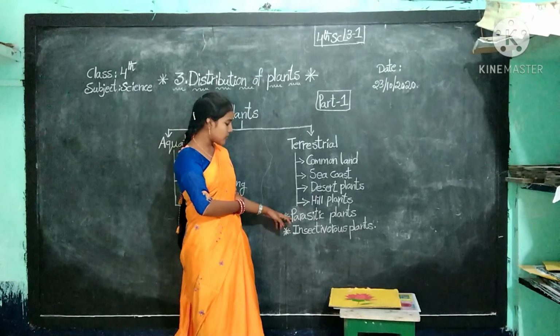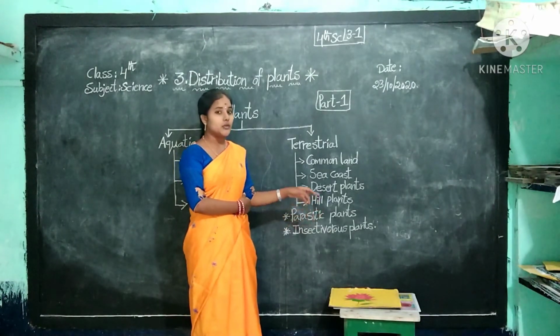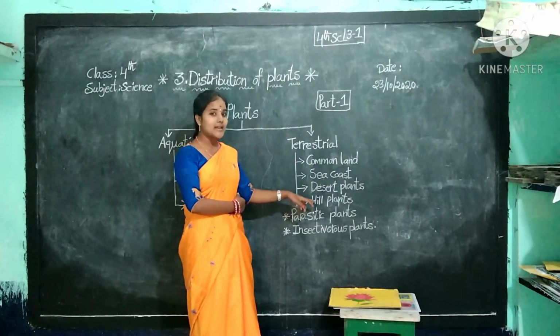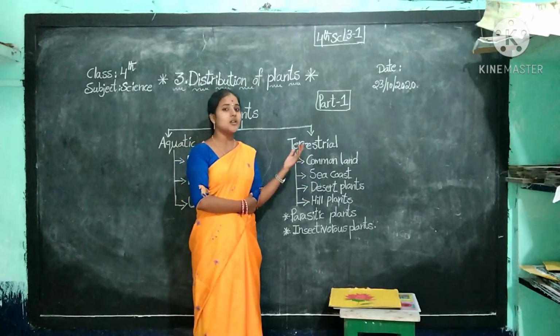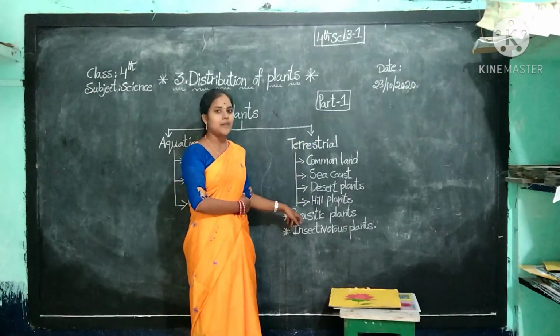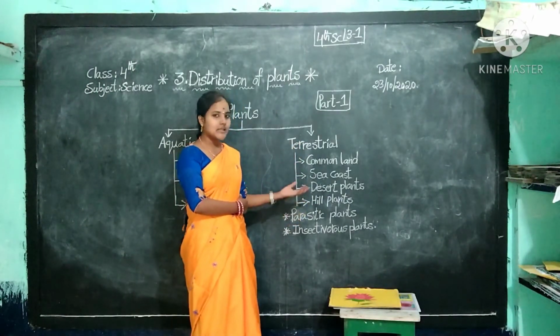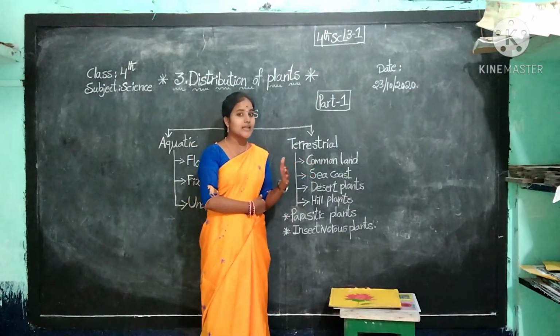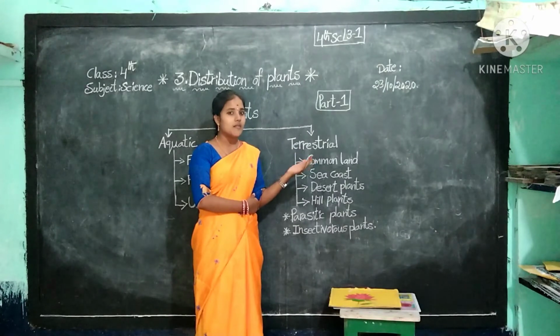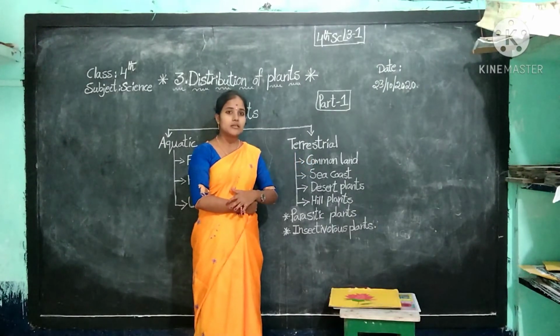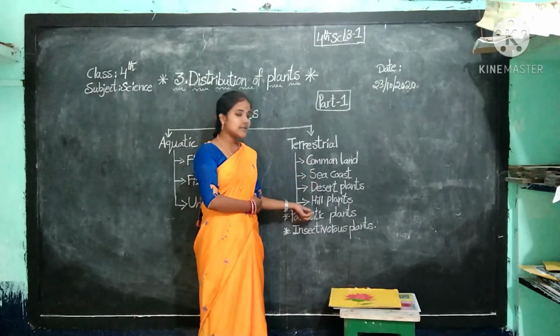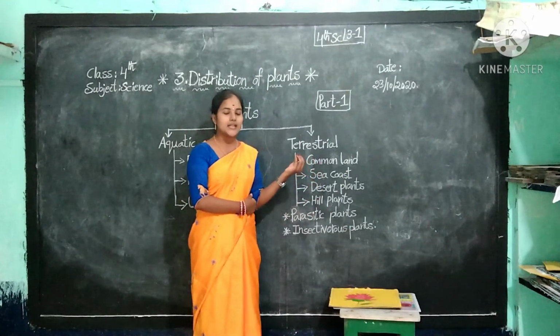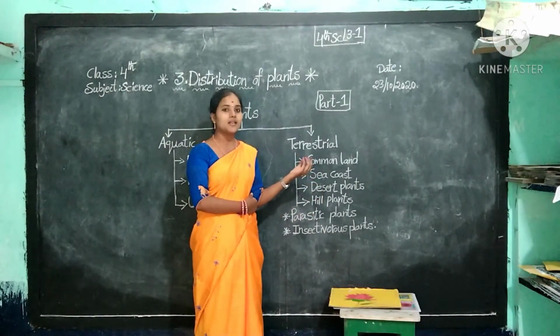The next one is about parasitic plants. Did you ever hear the word parasitic plant? In the previous class also, you learned about these parasitic plants. Parasitic plants, like mushrooms and molds, do not prepare their own food. Why do they not prepare their own food? Because these plants have no green pigment like chlorophyll.